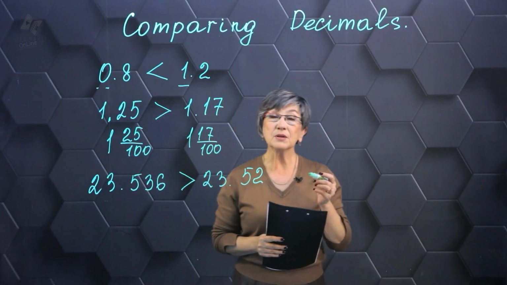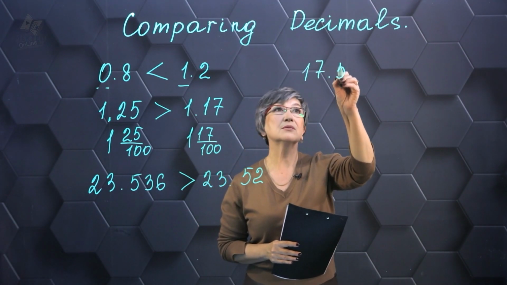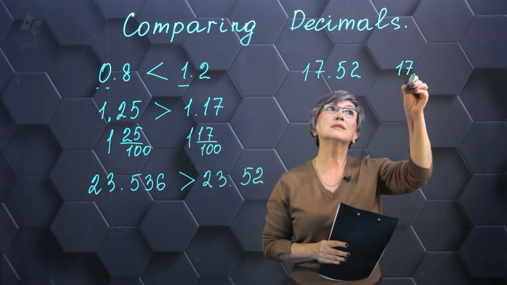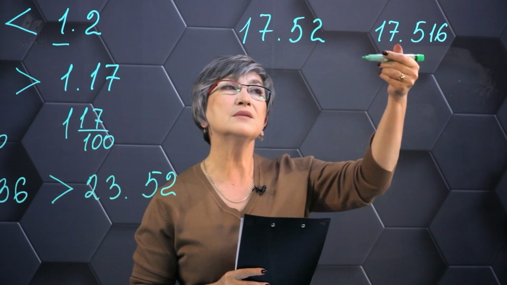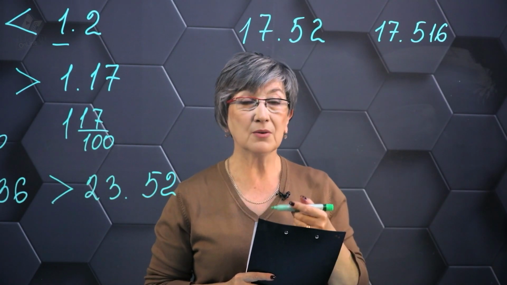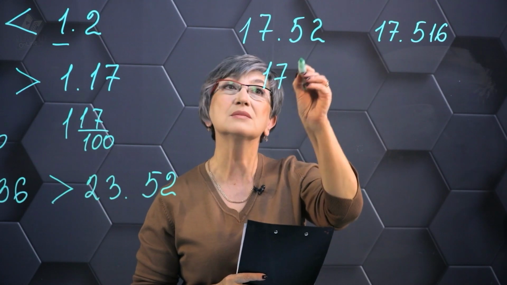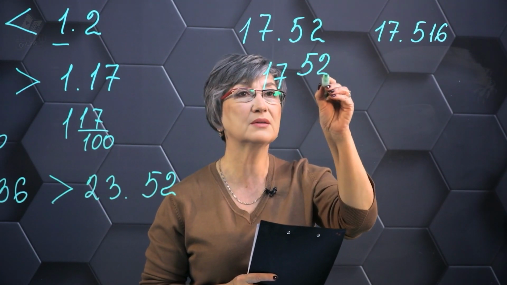Now let's look at one more example. 17.52 hundredths and 17.516 thousandths. Now let's compare these decimals. Their whole parts are equal, 17 integers. Let's write it down as an ordinary fraction. 17.52 hundredths.